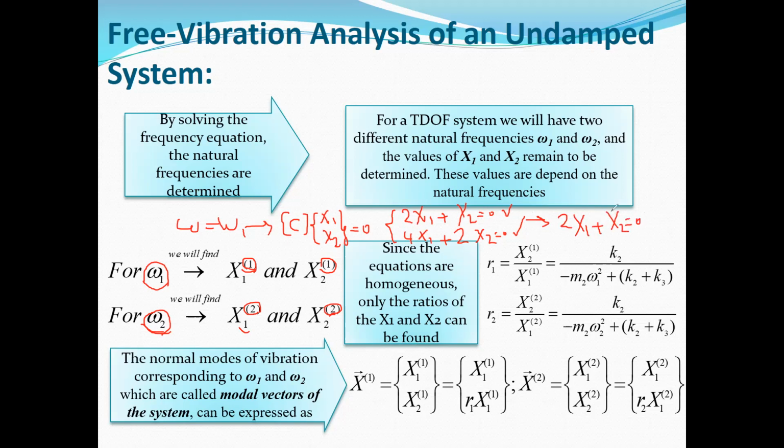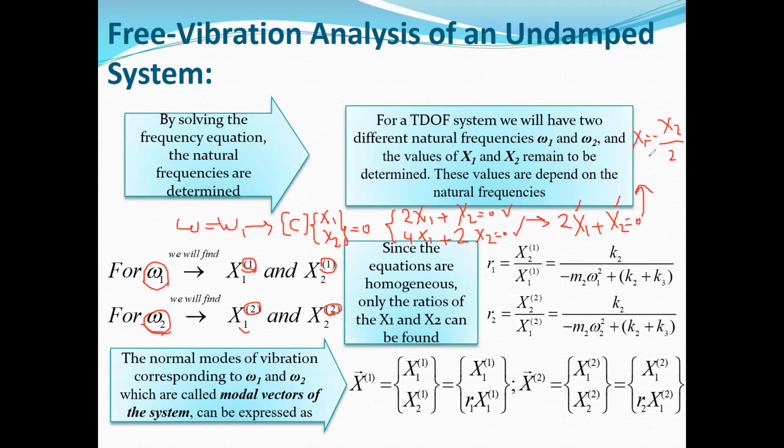From this equation, you cannot solve for two unknowns, because we have two unknowns, x1 and x2, and with one equation you cannot obtain two unknowns. So you can only extract one relation between x1 and x2, and that's this equation: x1 is equal to minus x2 divided by 2.